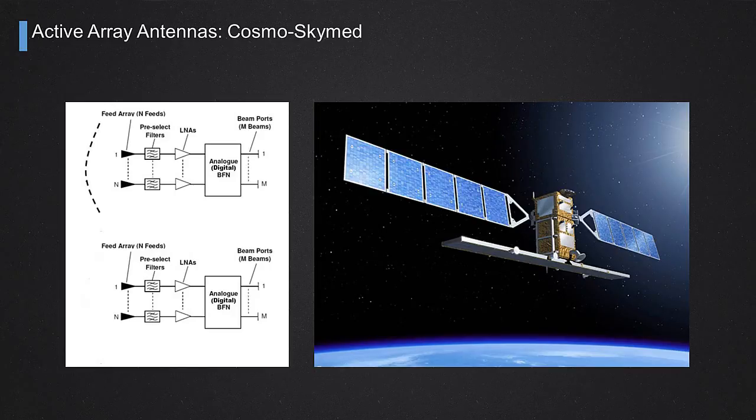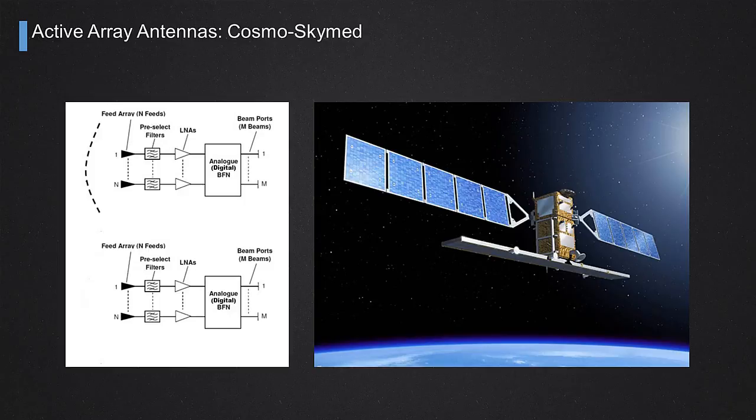The transmit antennas would be similar, but instead of low noise amplifiers, we would have RF power amplifiers, either solid state or TWTAs. The top one is still using a reflector, so there is an active array because the individual elements are attached to low noise amplifiers. Then the low noise amplifiers feed a beamforming network, which can be analog or digital. These are very sophisticated techniques that are presently used on board satellites.